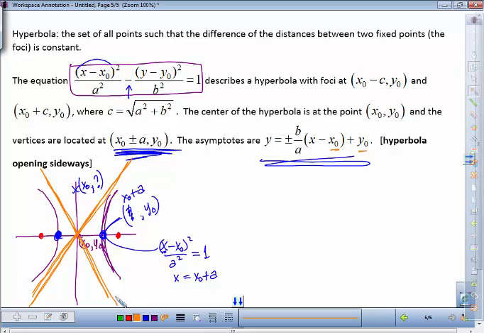What you can do is that if you can draw those lines, you can imagine the hyperbola using those lines as a guide and as an asymptote, where it would get closer and closer to those lines.